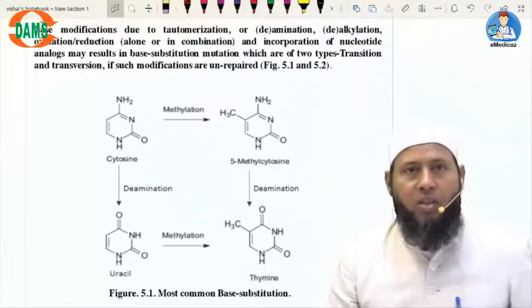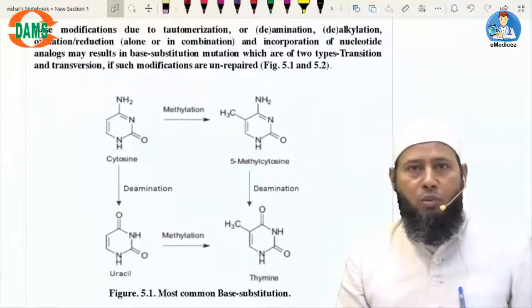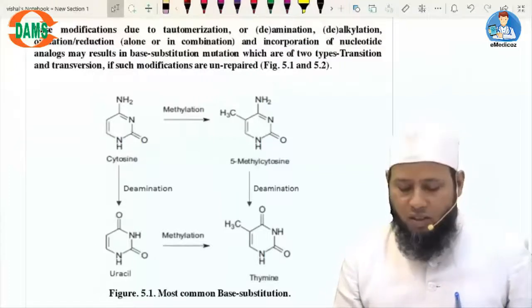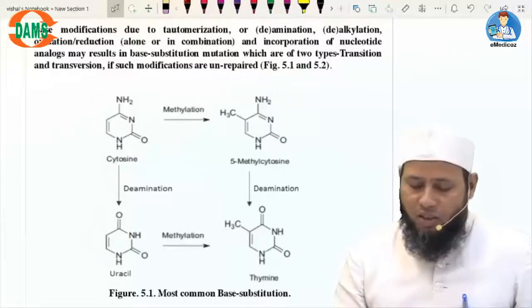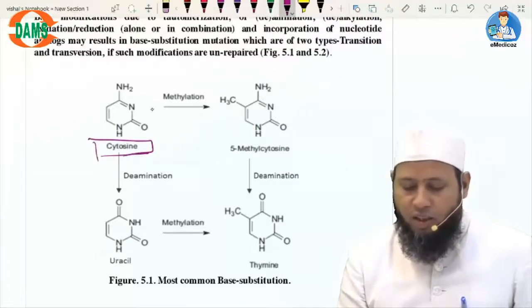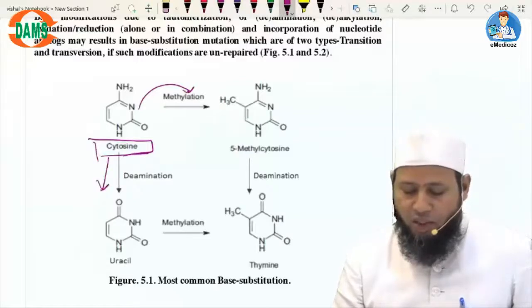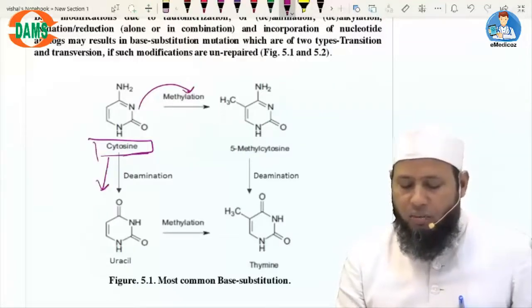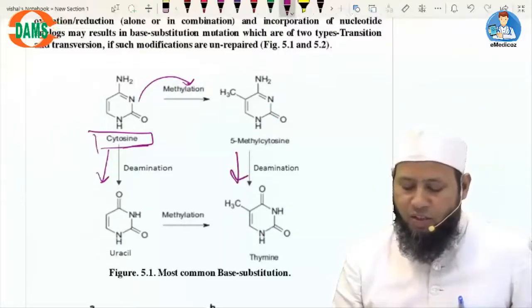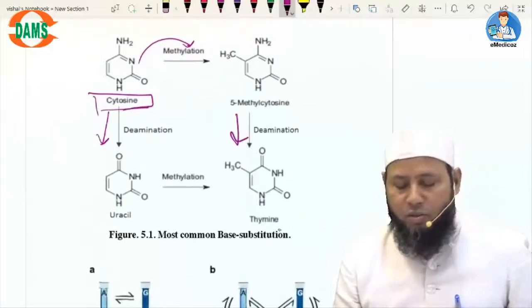And here is one example. The most common base which undergoes methylation is the cytosine, C. The cytosine can undergo methylation, the cytosine can undergo deamination, and after the methylation it can go through deamination and result in thymidine.